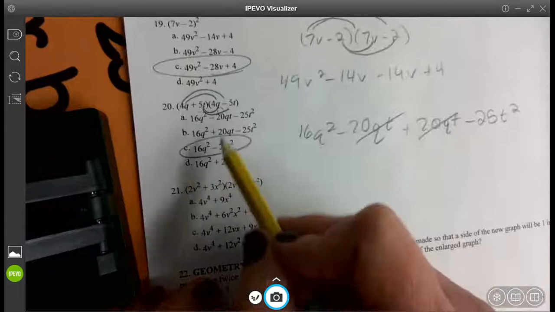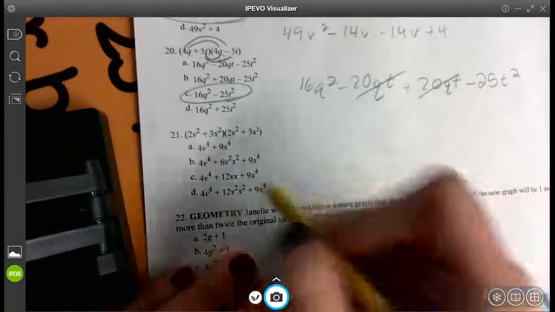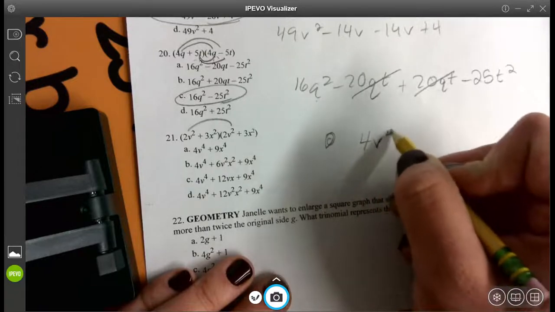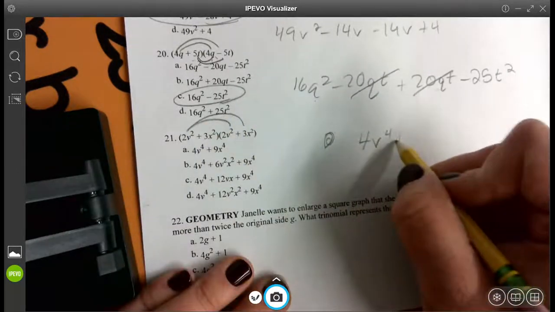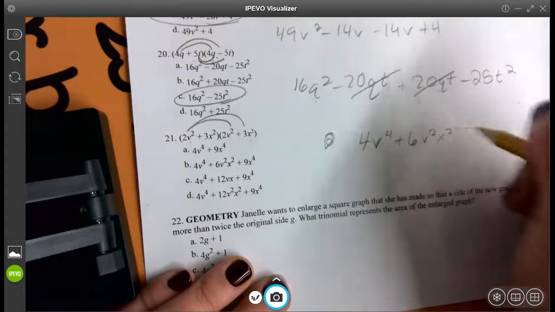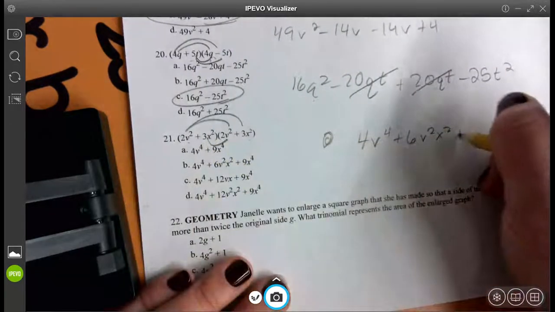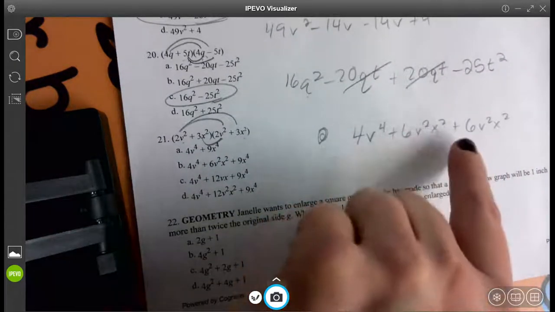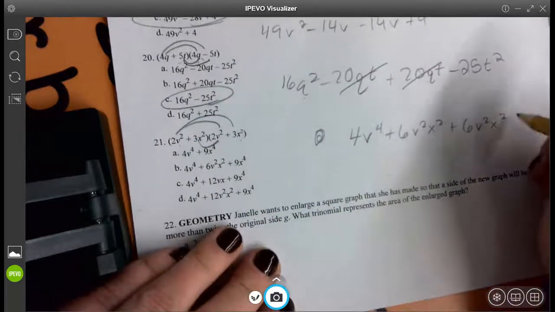Be careful. Some of these are very similar. Once again, we're doing the same thing again. We're FOILing. 4v to the fourth, 6 v squared x squared, 6 v squared x squared. If you mismatch them, they still go together, even if they're not in the right order.